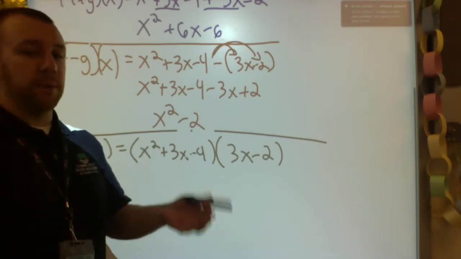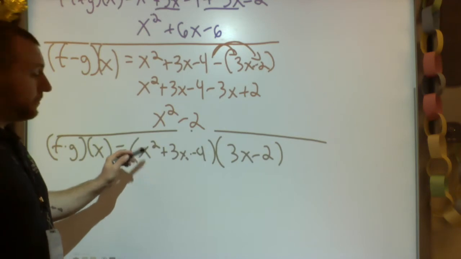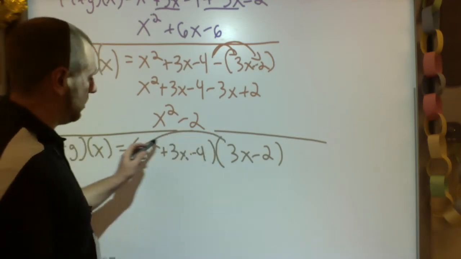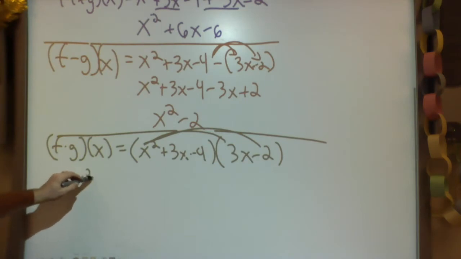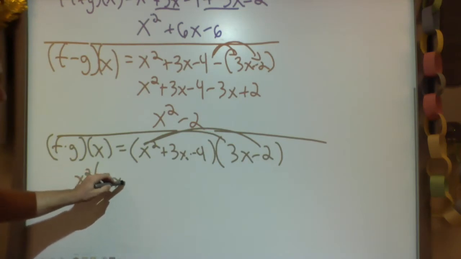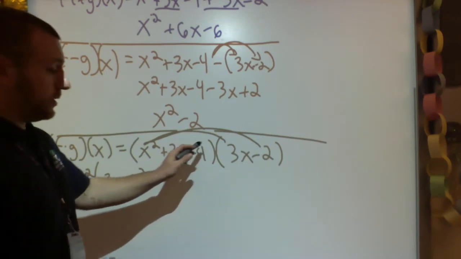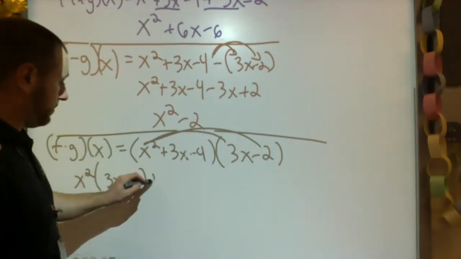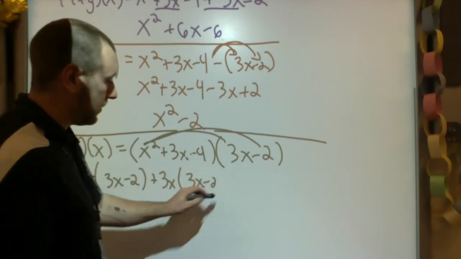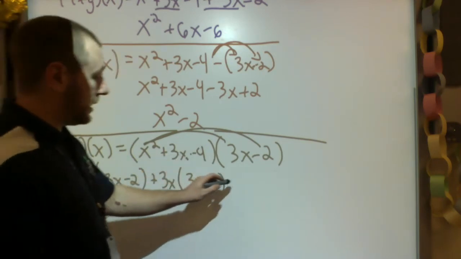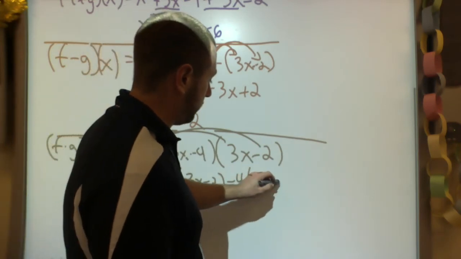I just have to do it a bunch of times. So I would take this x squared and distribute it in, writing x squared times this 3x minus 2. Then I would take this 3x and distribute it in, and I would also take this negative 4 and distribute it in.